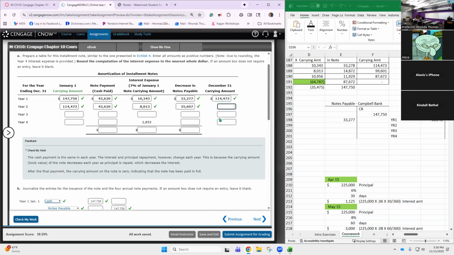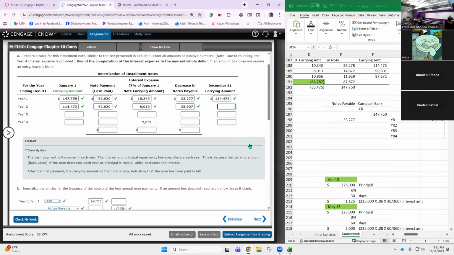Okay, and now we need a new carrying amount. So the new carrying amount will subtract this decrease in the note. Look what's happened. The first year we paid the most interest, right? And we paid a certain amount on the note. The next year we're paying less interest and more on the note, right?